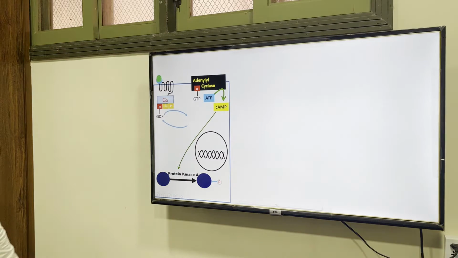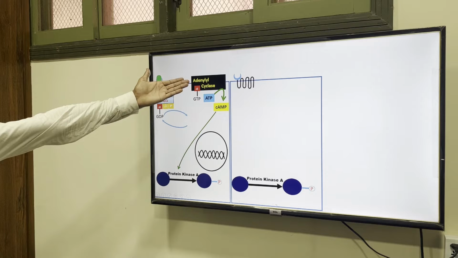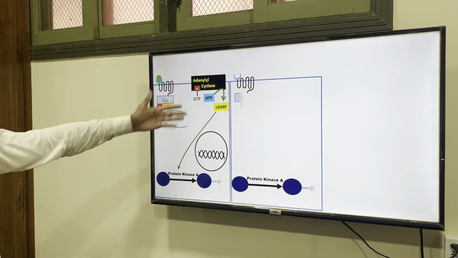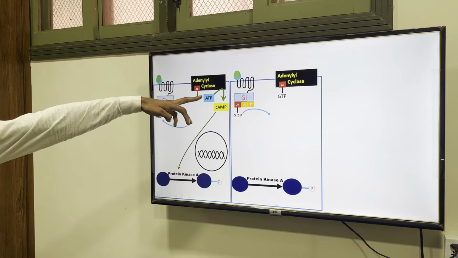So let's see the GI. What is happening? You know about protein kinase A, and the receptor attached with the G protein, alpha, beta, and gamma subunits. For example, the hormone comes and attaches here, so it will convert into alpha GTP, and it will attach with the adenylyl cyclase.